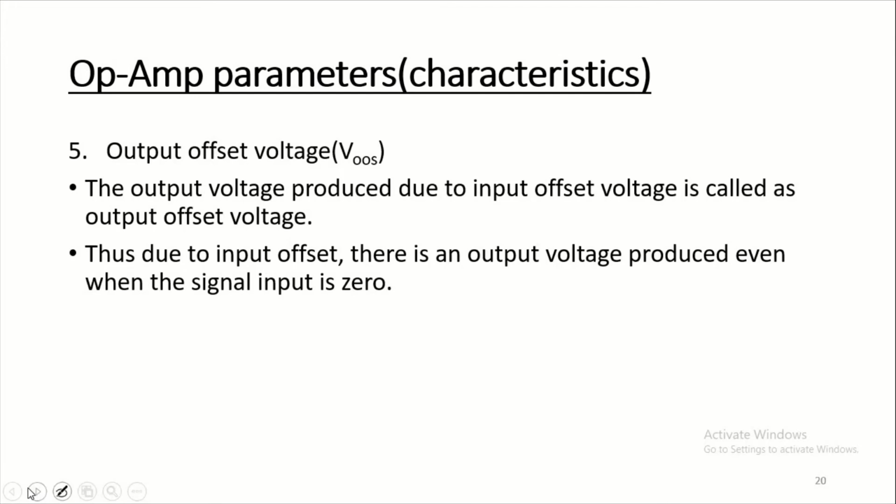The output voltage produced due to the input offset voltage is called the output offset voltage, and it is denoted as VOOS. Thus, due to the input offset, there is an output voltage produced even when the signal input is 0. A compensation network should be used in order to nullify this output voltage.